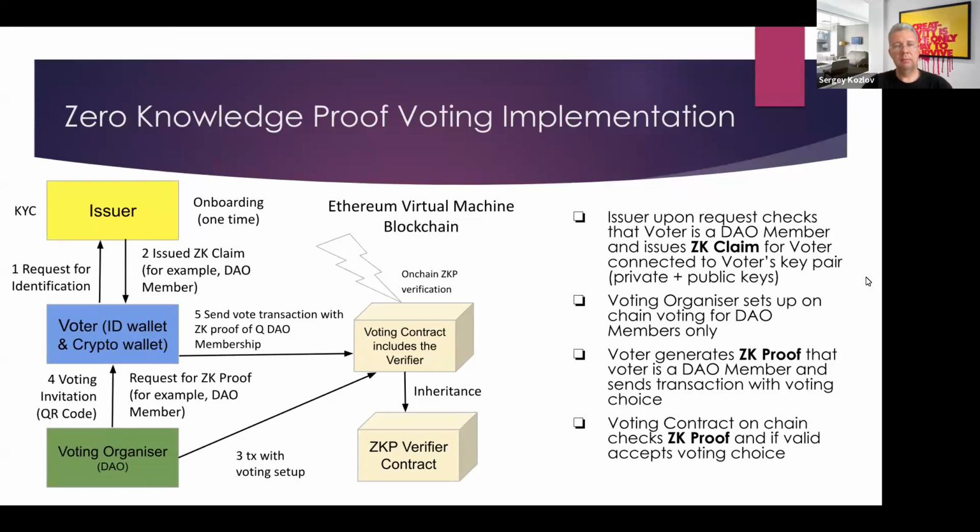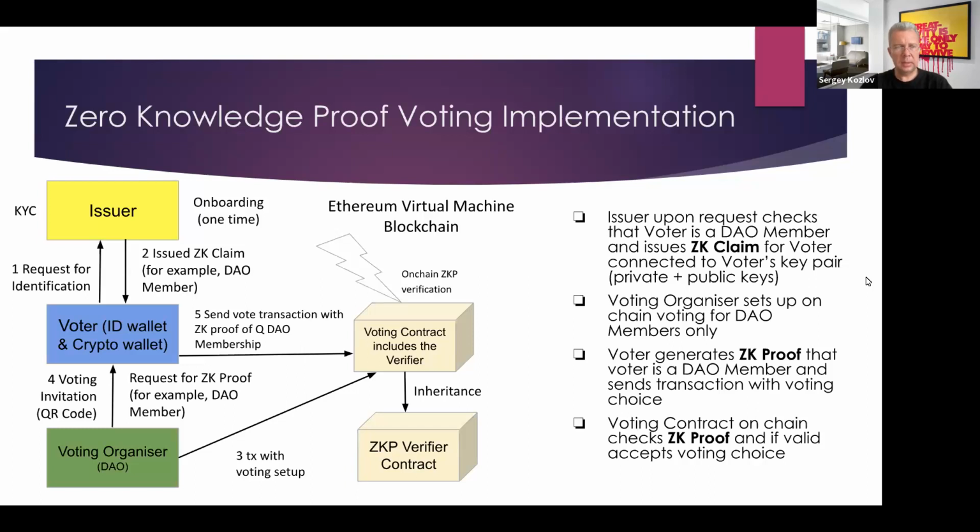And this voter, or user, applies to our issuer and asks for identification. The issuer sends a so-called ZK claim and confirms that yes, we are a member of the DAO and have the right to vote for some DAO decisions. DAO is a decentralized autonomous organization, if someone doesn't know what it is.